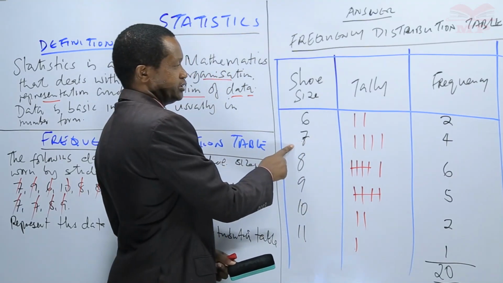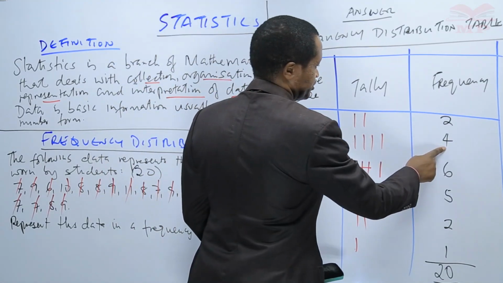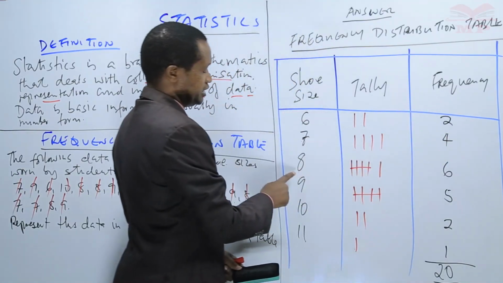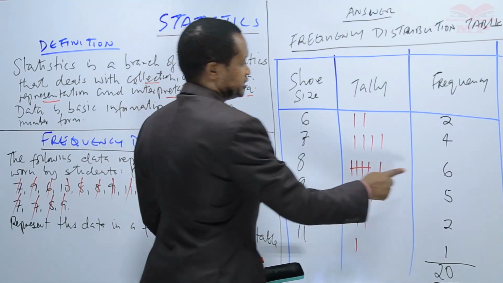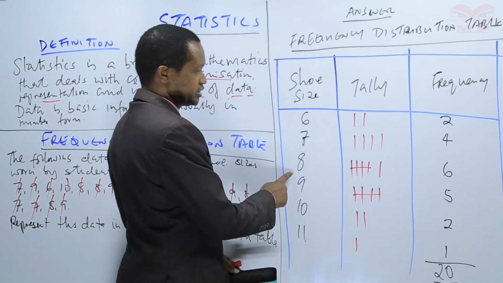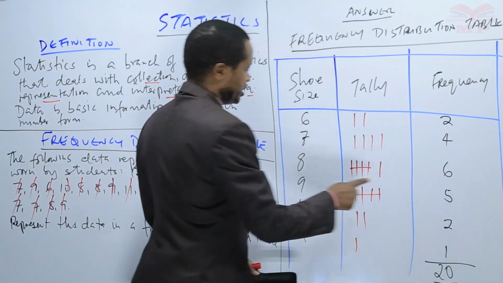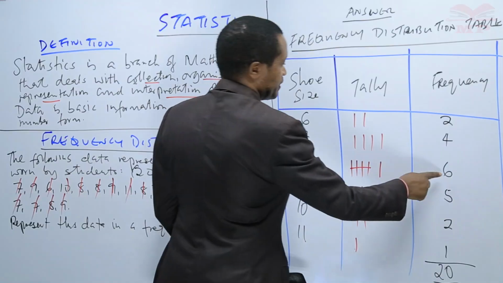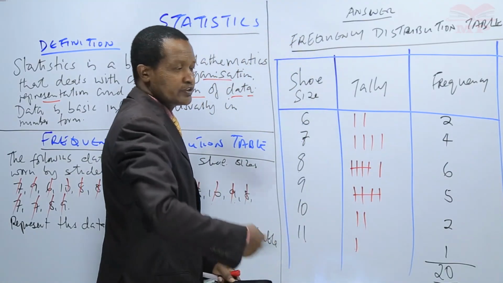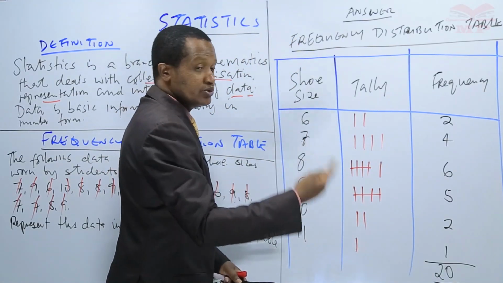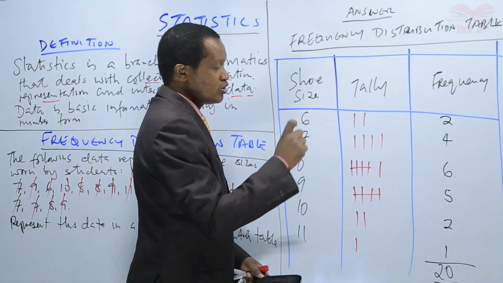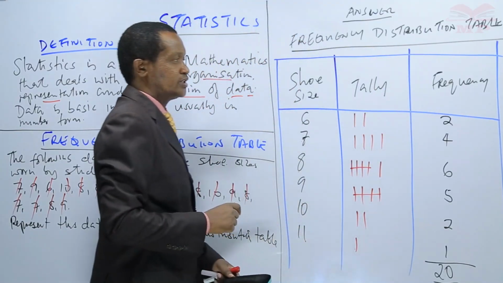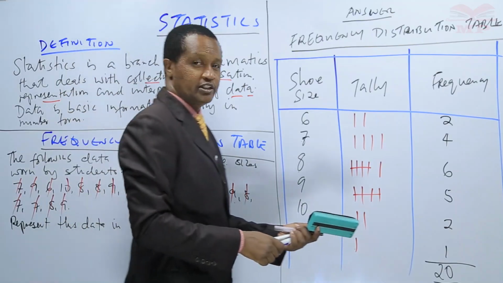Number 7 occurs 4 times, so 4 is the frequency. 8 occurs 6 times. 6 students wear shoe size number 8. So this 6 is the frequency, the number of times a value or an item occurs. That is frequency. So I want you to write that down, learners.